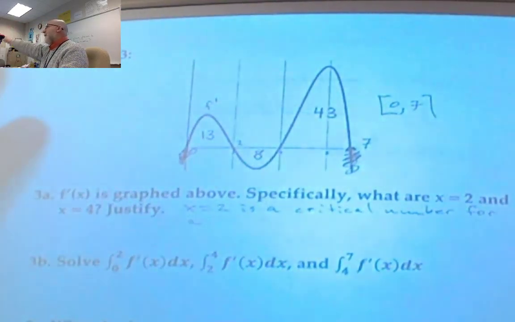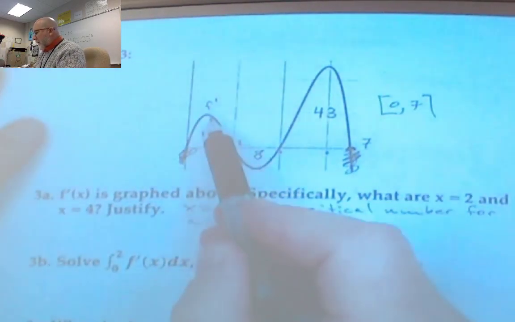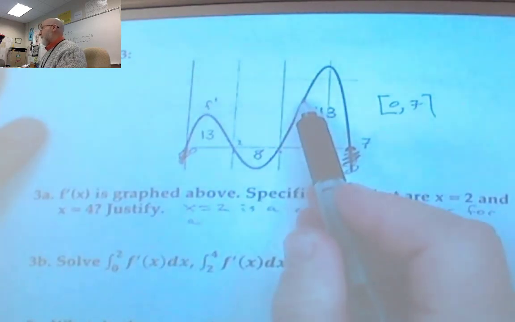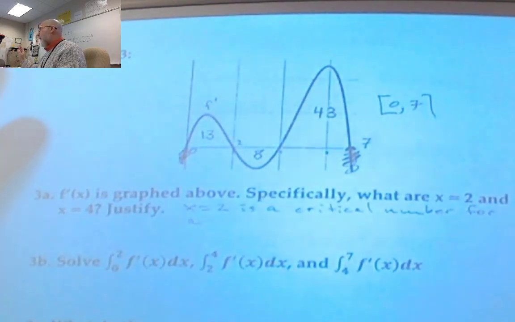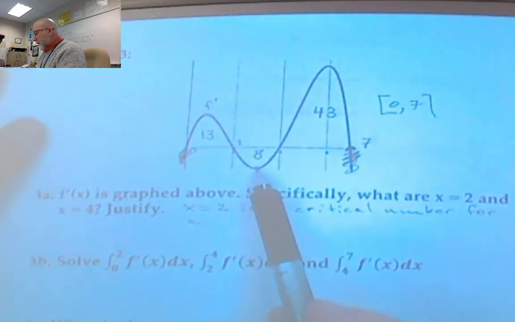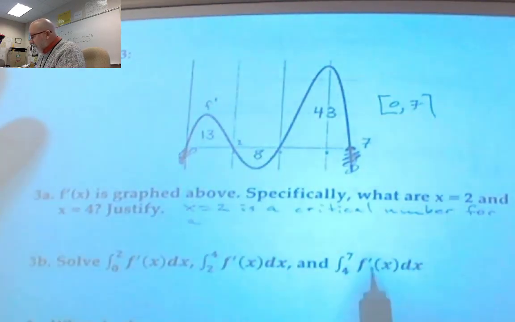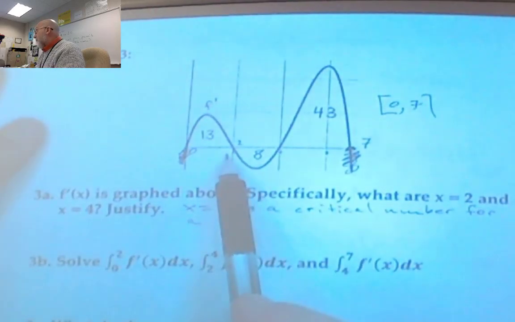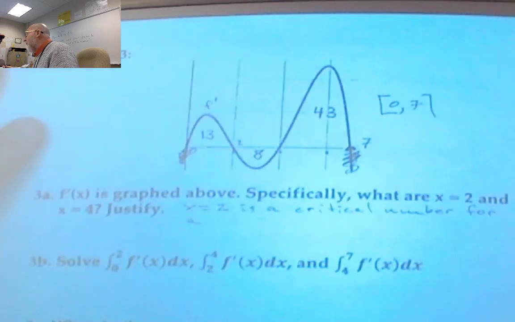Now, this is according to these three young ladies: increasing, decreasing, increasing. Right? F is. I don't know what f looks like, but it's increasing and then decreasing. Correct? So it's a critical number because its derivative is 0, right? But it creates a certain kind of point. What kind? Which one? It's going from increasing to decreasing.